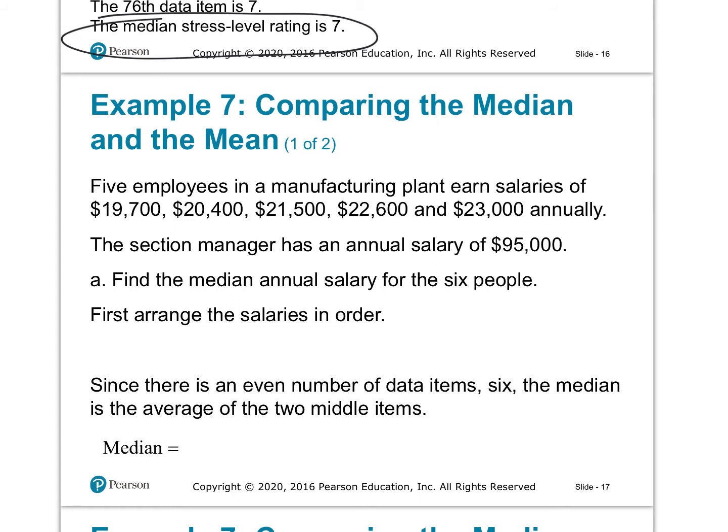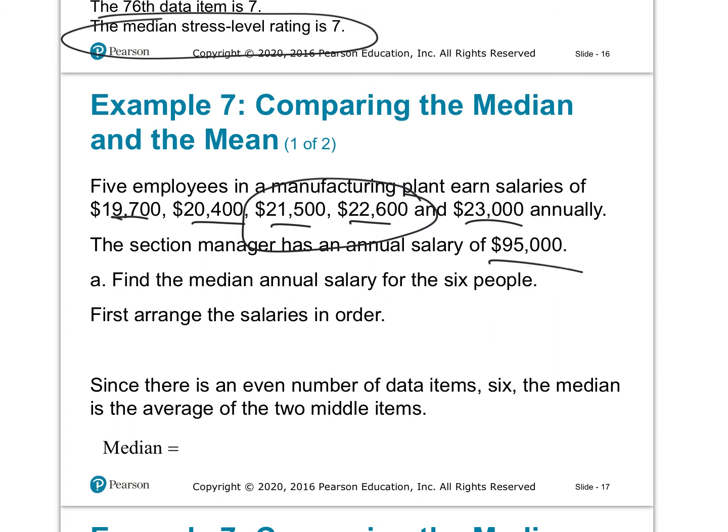The section manager has an annual salary of $95,000. Find the median annual salary for the 6 people. So 1, 2, 3, 4, 5, 6. Because there's 6, we want to add the 2 in the middle together, so 2 below and 2 above, and then divide by 2.